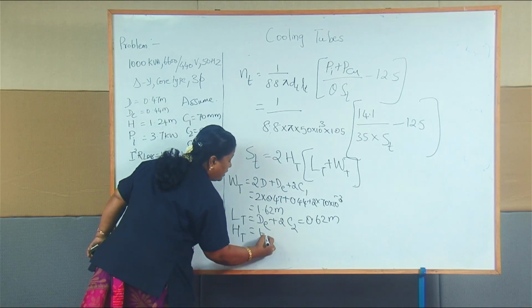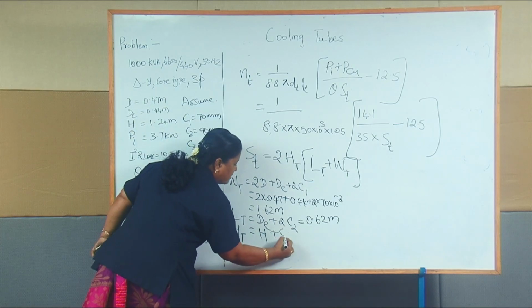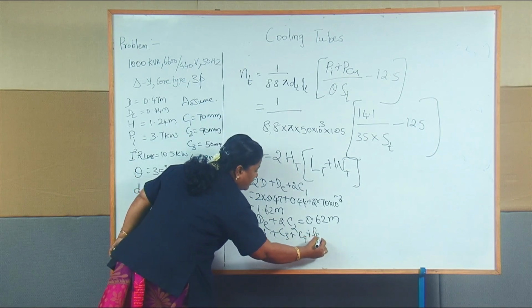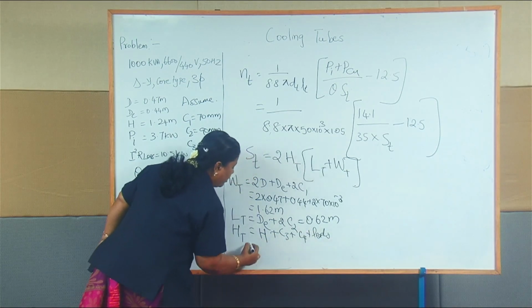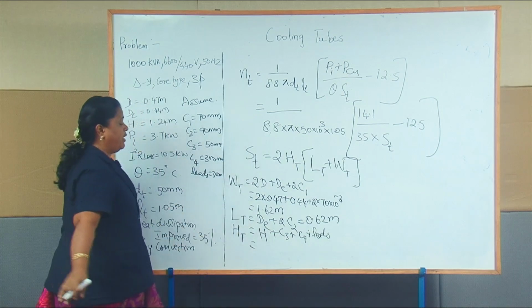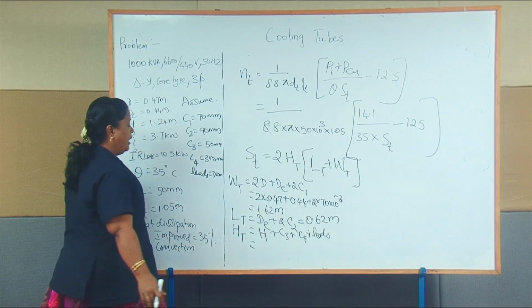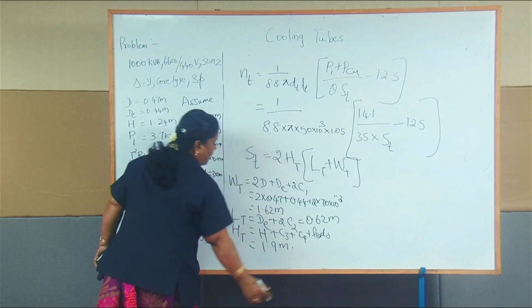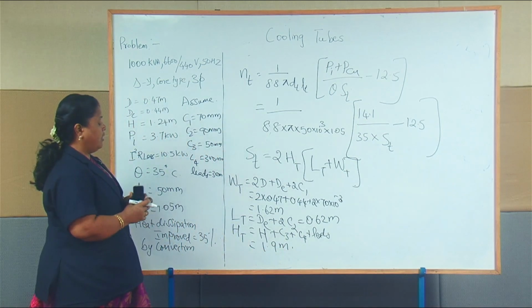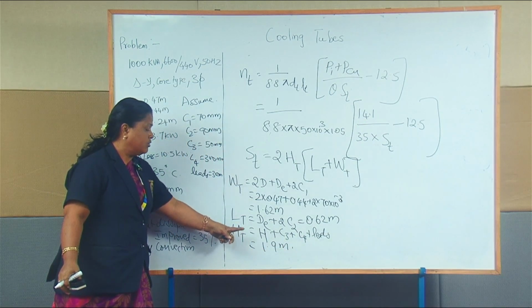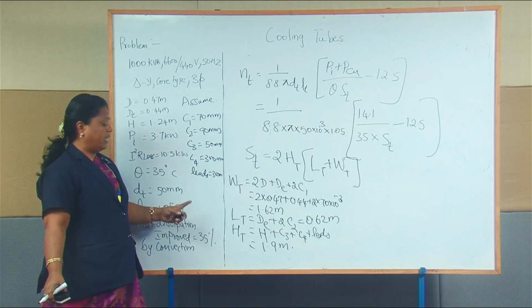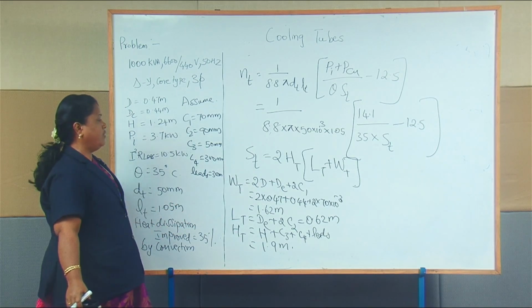H plus C3 plus C4 plus clearance for leads. If I substitute the values of H, C3, C4, the height of the tank I should get is around 1.9 meter. Now, you should always keep in mind the height of the tank should be greater than the length of the tube.